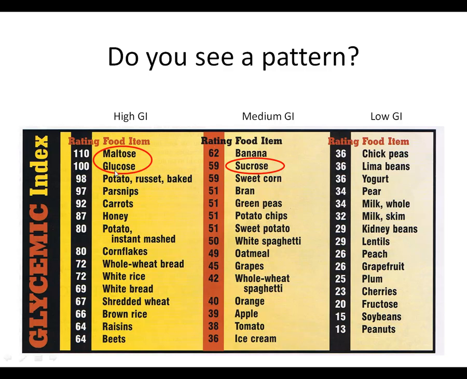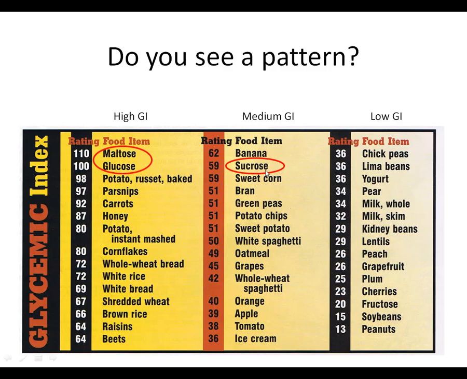What you can see is that maltose and glucose have the highest glycemic index. The glycemic index is calculated relative to glucose, so that's why it's 100. Maltose is actually absorbed faster than glucose. And remember that, it's not absorbed faster, it goes into the bloodstream faster. Remember that maltose is 2 glucoses hooked together. So if it was based on complexity, you would think that glucose would have a higher glycemic index than maltose, but it's the other way around.